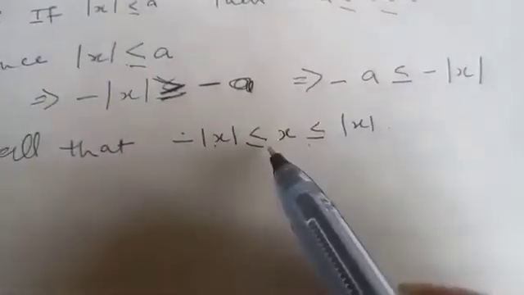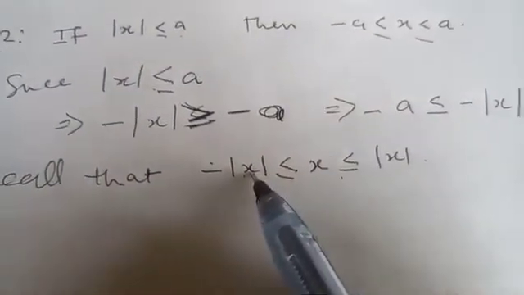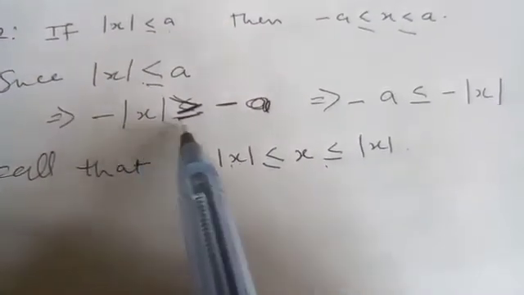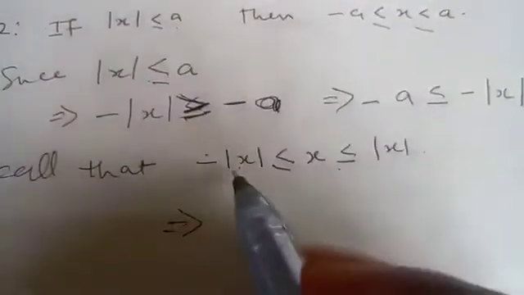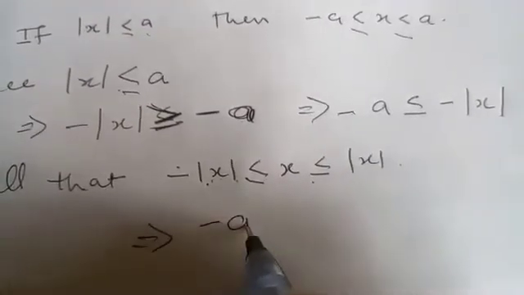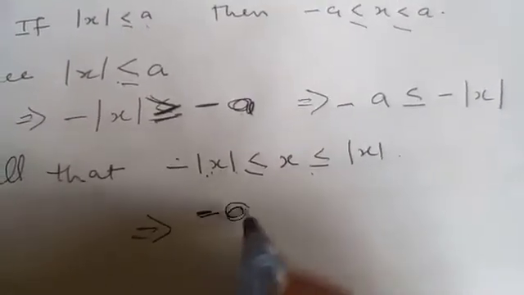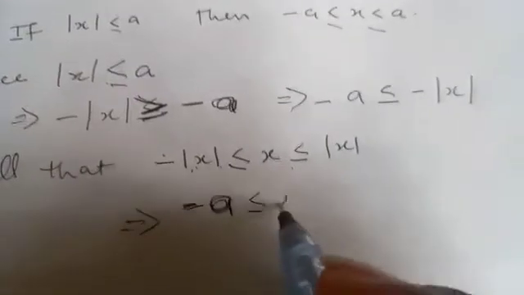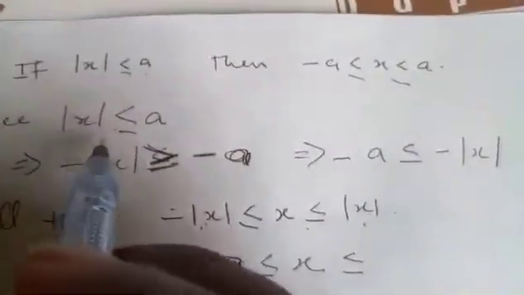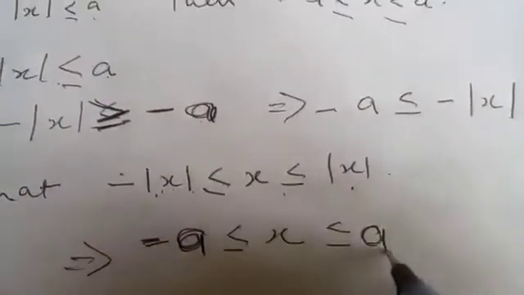Now, if you apply it, here we have said that minus absolute value of s is less than or equal to a. So this implies that minus a is less than s, is less than absolute value of x. Here we have said is less than or equal to a. So we have shown it.